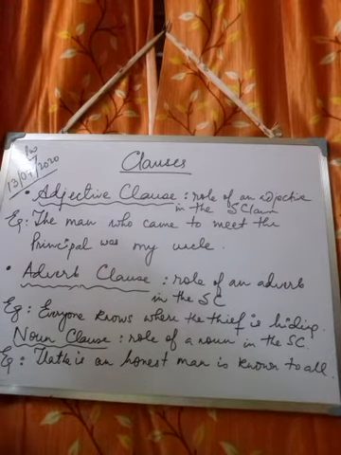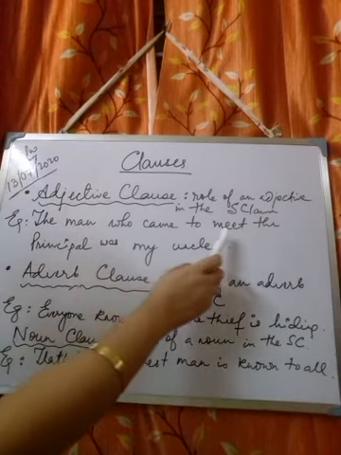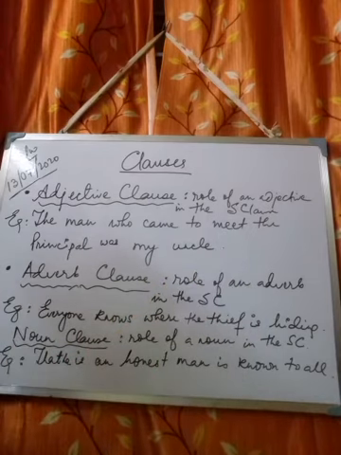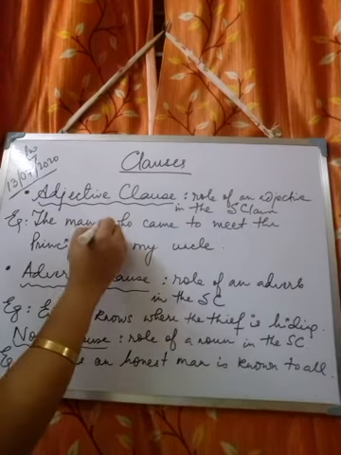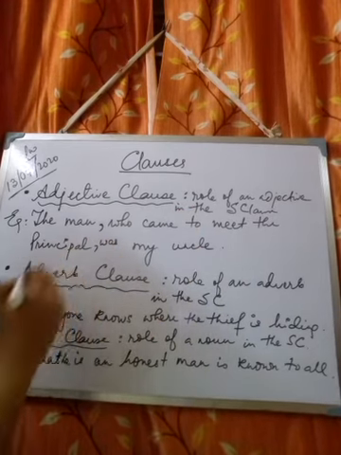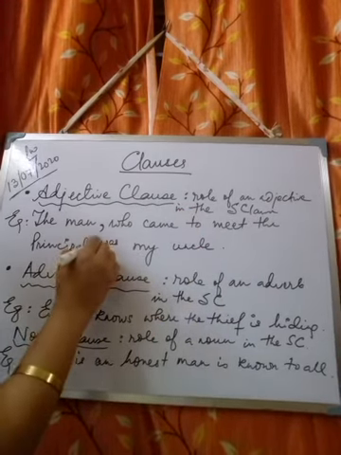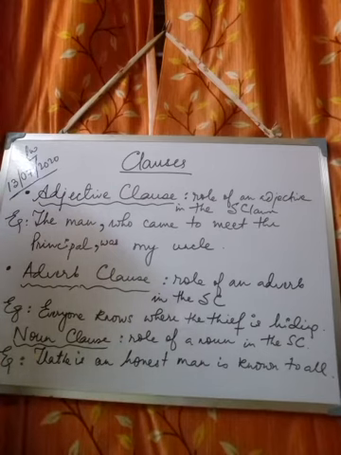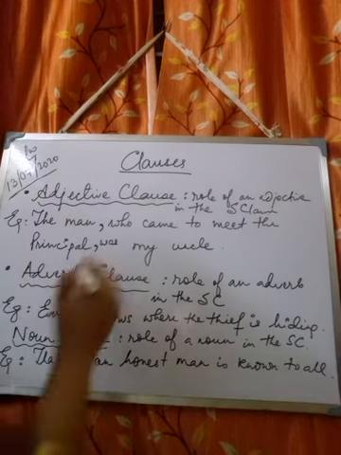Look at the sentence: The man who came to meet the principal was my uncle. How do you identify the adjective clause here? First of all, we find out the subordinate clause. Which is the subordinate clause in this sentence?